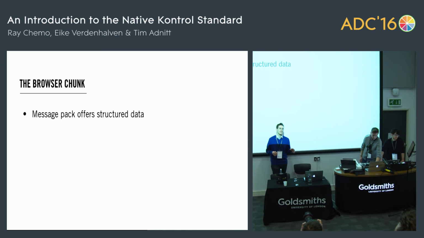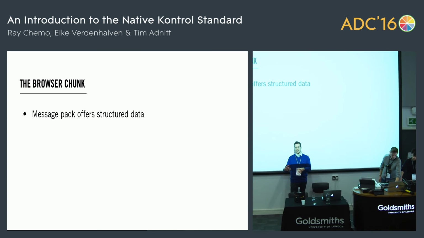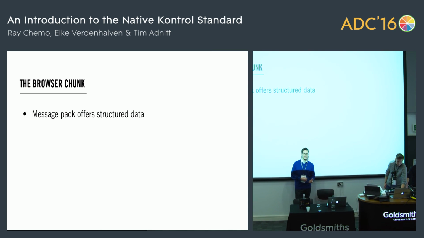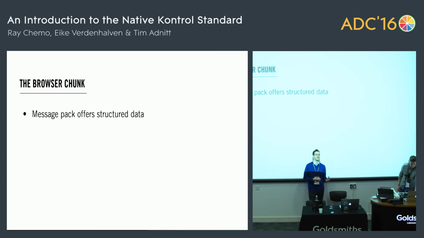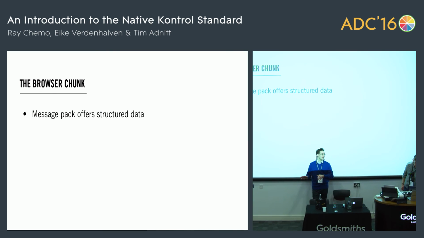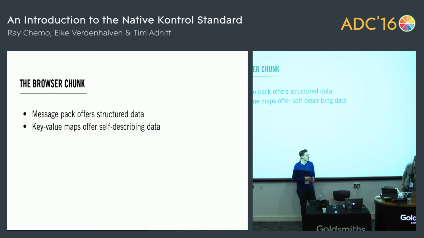We use inside the browser chunk, or actually in all the chunks we use for additional metadata, MessagePack to store structured data. We'll look into MessagePack in a minute. We use key value maps that MessagePack offers us to have high forward-backward compatibility, meaning we can store keys that an application may decide to use, or it may not decide to use.